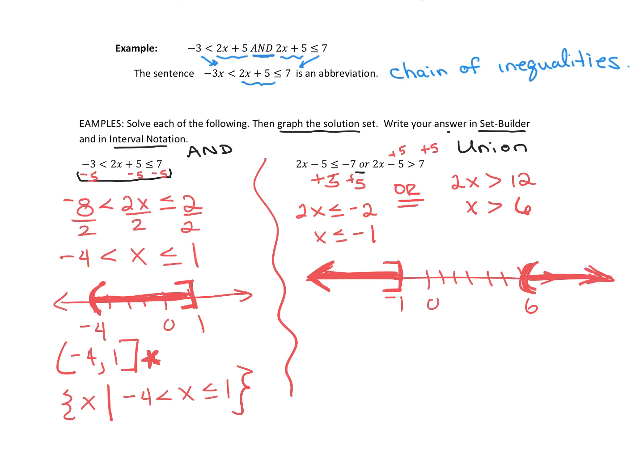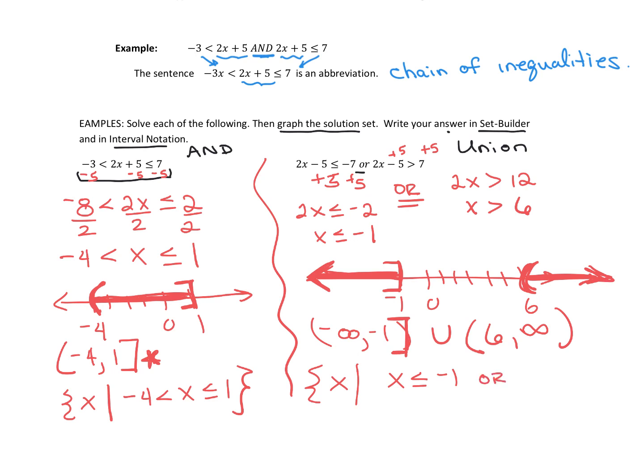And our interval notation will be negative infinity up to negative 1, union, parentheses 6 to infinity. Our set builder notation, x such that x is less than or equal to negative 1 or x is greater than 6.